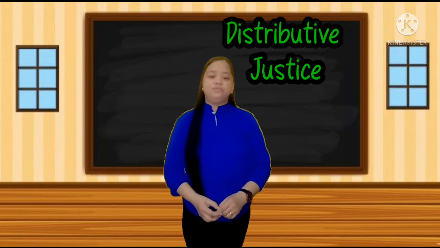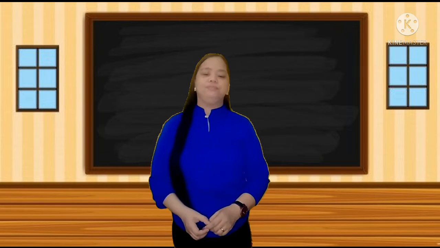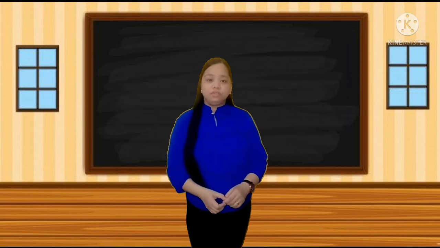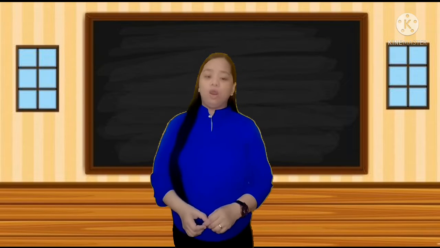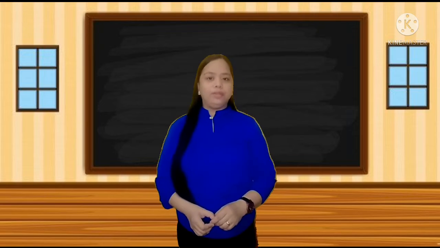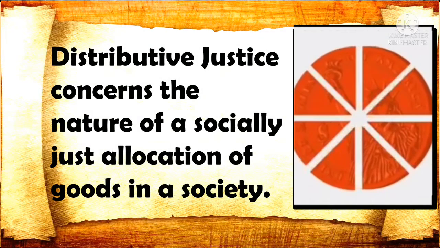Distributive justice is a concept that addresses the ownership of goods in a society. It's assumed that there is a large amount of fairness in the distribution of goods. Equal work should provide individuals with an equal outcome in terms of goods acquired or the ability to acquire goods. Distributive justice concerns the nature of socially just allocation of goods in a society.